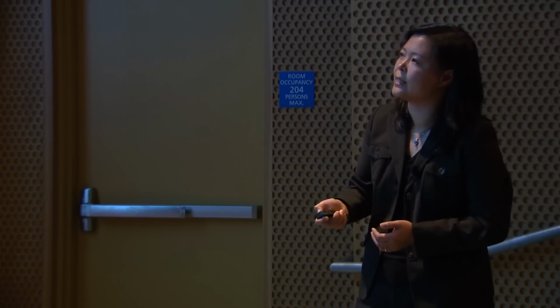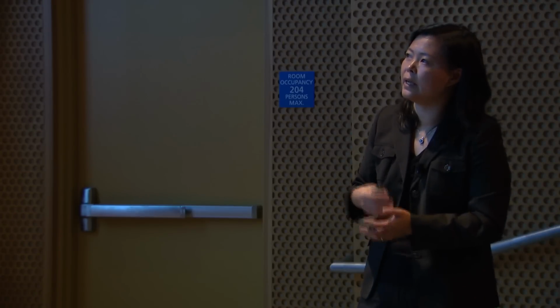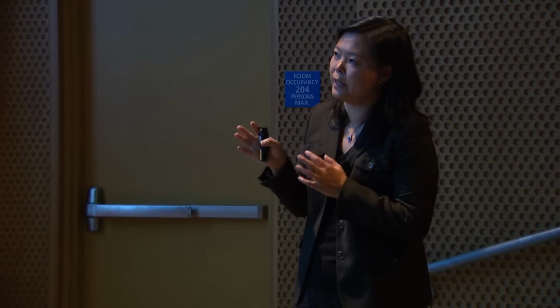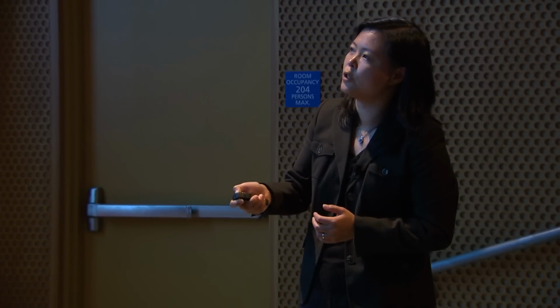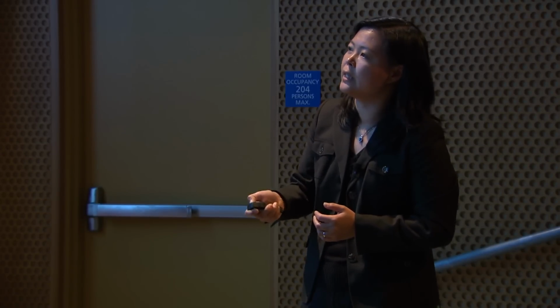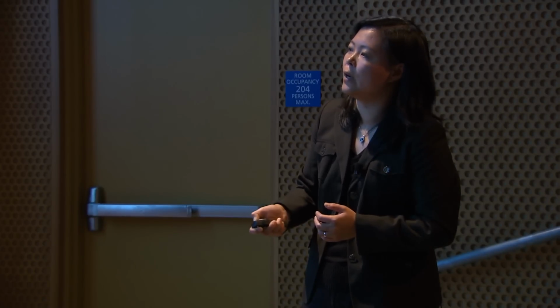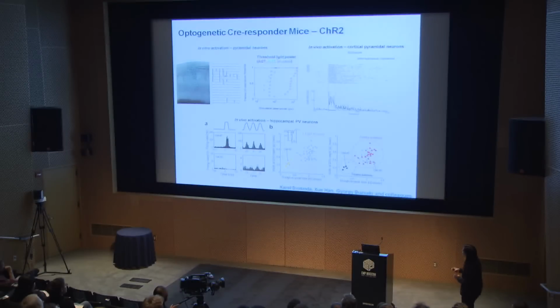Here is another example showing in vivo activation of an inhibitory cell type, the hippocampal parvalbumin neurons, in a very specific way. Whether you use a regular light pulse or a sine wave light pulse, the parvalbumin neurons can be specifically and strongly activated, whereas at the same time a nearby excitatory neuron has no response at all.